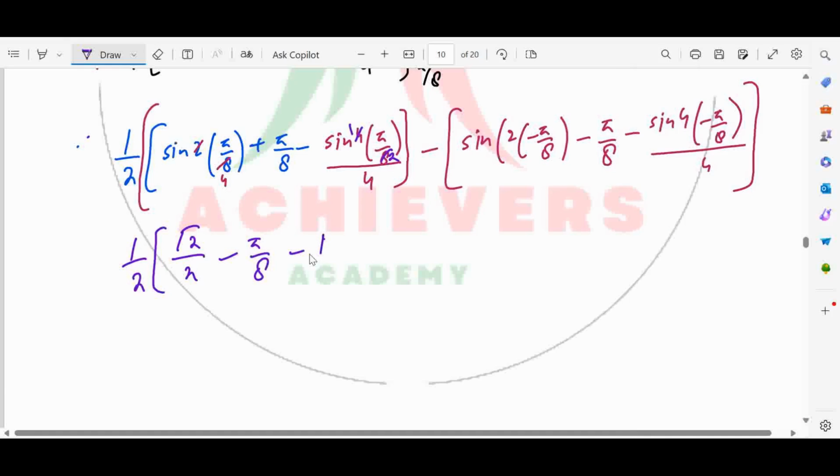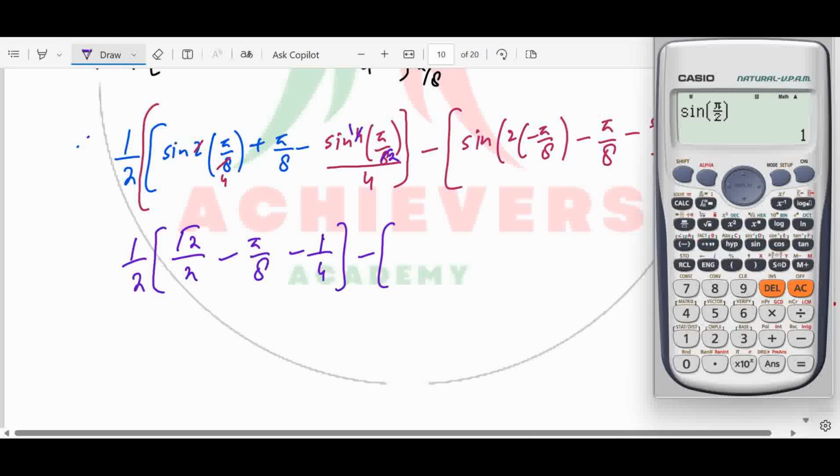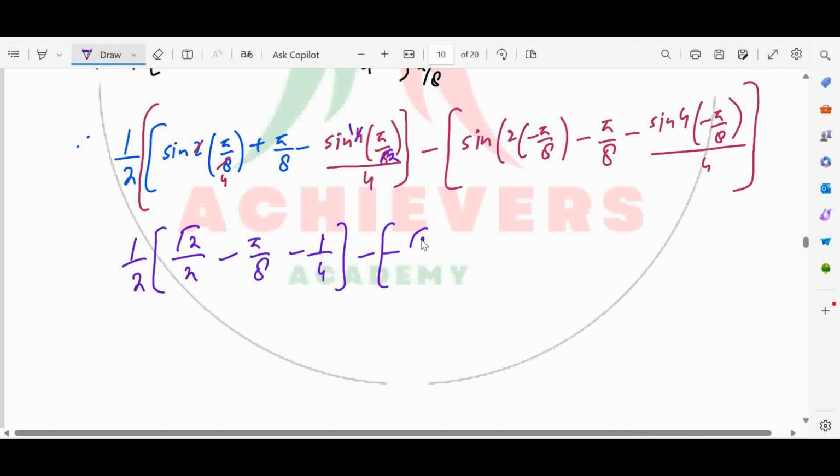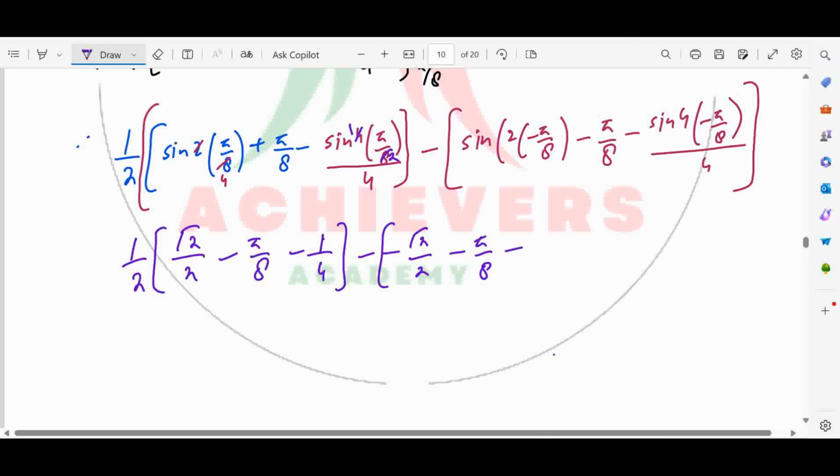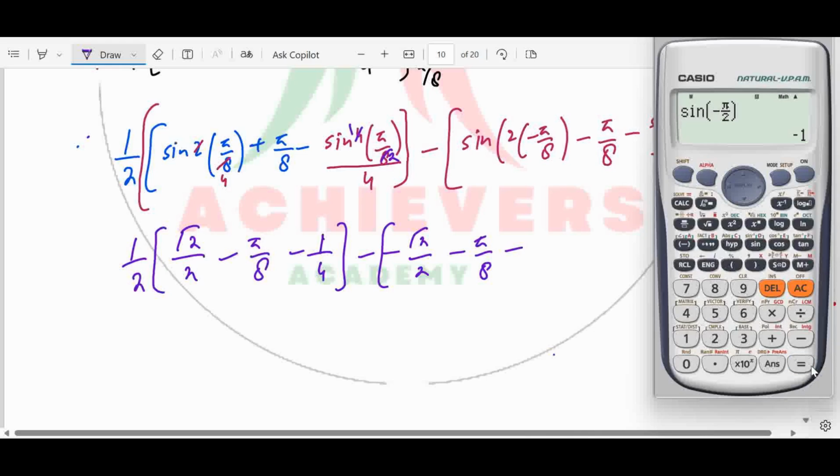So this will be 1 by 4 minus bracket, again, sine of minus pi by 4, minus square root of 2 by 2, then minus pi by 8, then minus pi by 2, let me check, yes, minus pi by 2, this will be equals to minus 1.